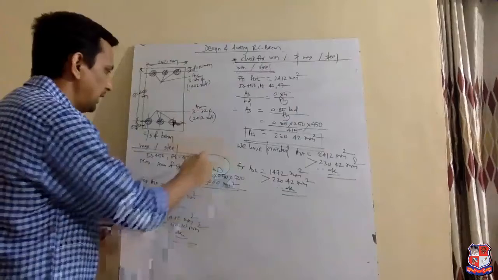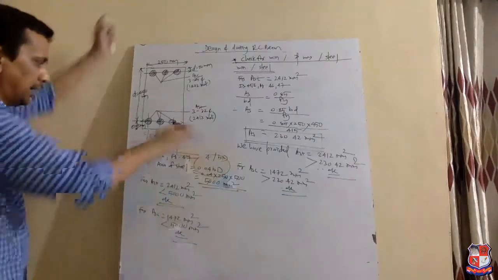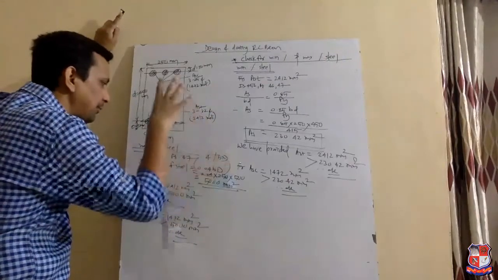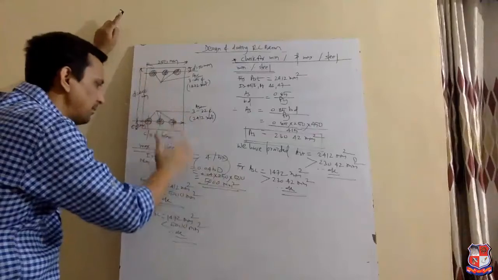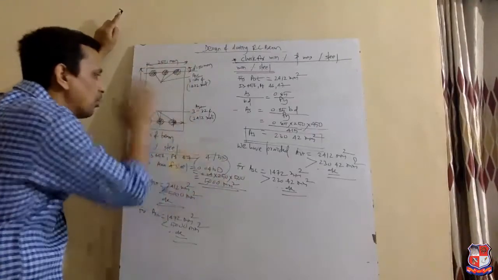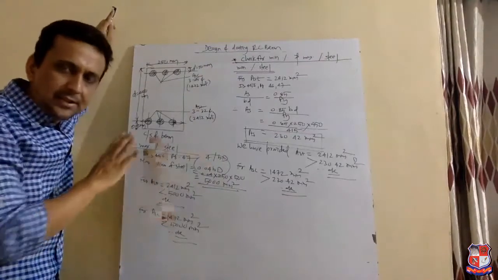So what does 0.04 BD mean? It means 4% of the cross-sectional area. So IS has recommended that we can provide a maximum percentage of steel of only 4% of the cross section. More than that, we can't provide.